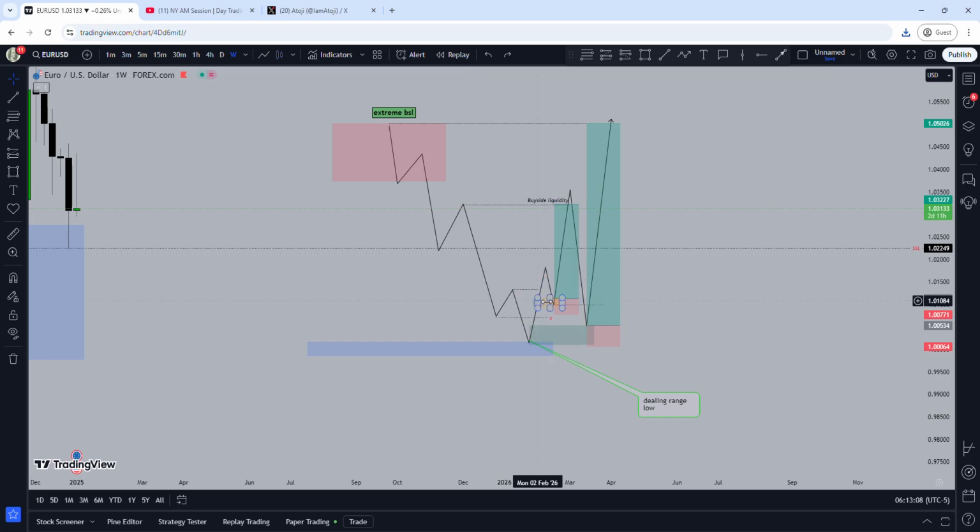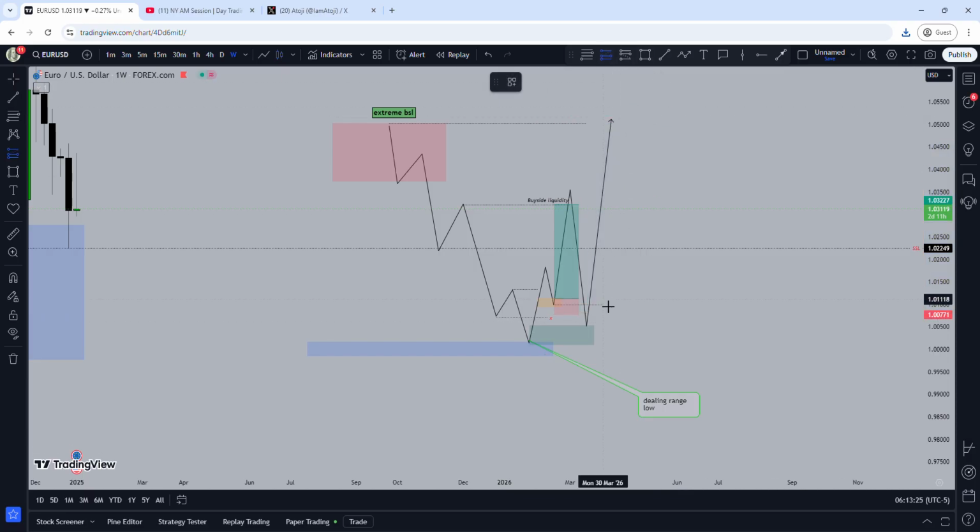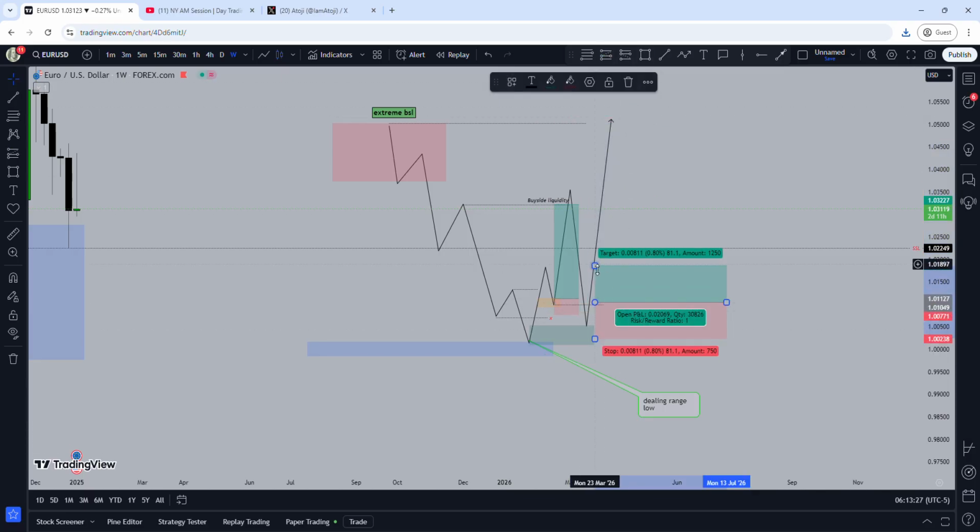For ICT traders, they trade just this one, the FVG. It's not like they trade just this one, because we're still going to catch this move. But I don't want to go into the entry models yet, because for ICT, some of us enter off of this other block, but some of us enter around this side again.